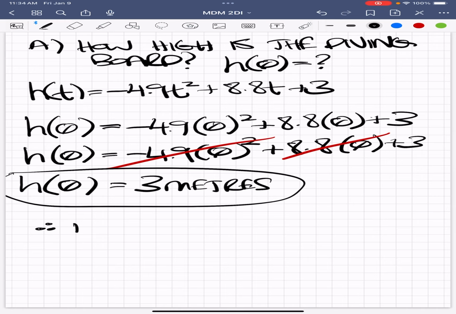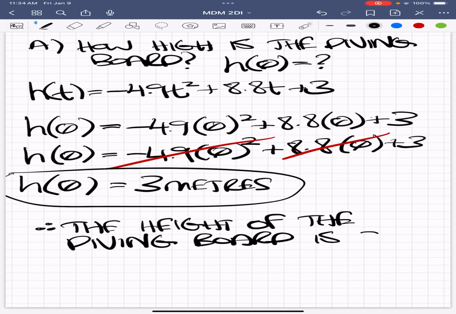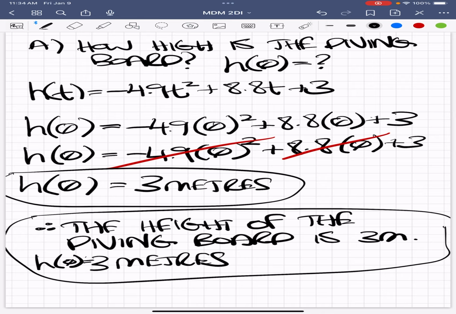The height of the diving board is 3 meters. So there you go.